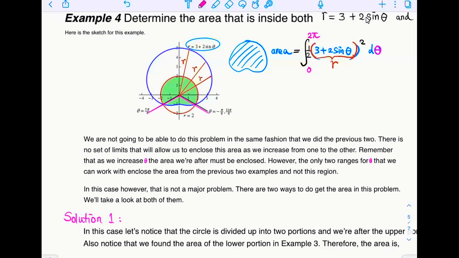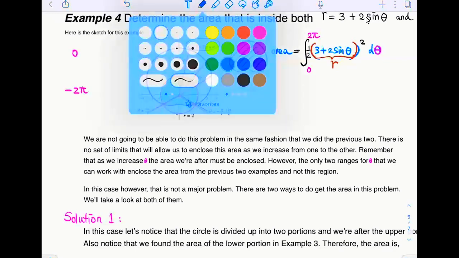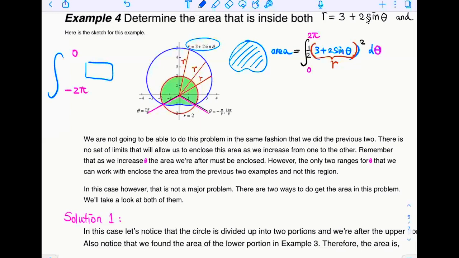You can try that at home, and the result should be the same. From negative 2 pi to 0, it also traces out the whole lemon soil. So the negative side here is okay.